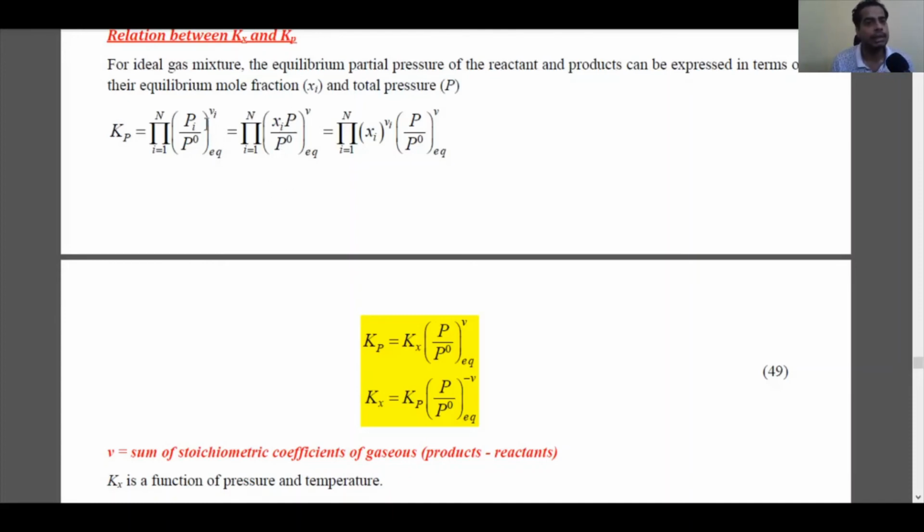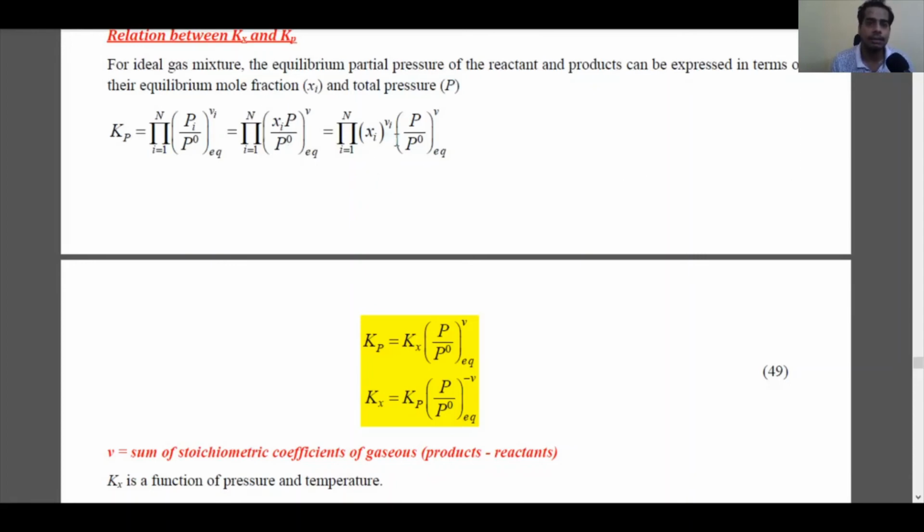Again, in place of partial pressure I can write mole fraction into total pressure. Partial pressure of the ith species is written as mole fraction of the ith species into total pressure. This P0 is a standard state pressure, reference state pressure. There is nothing much to bother about this.